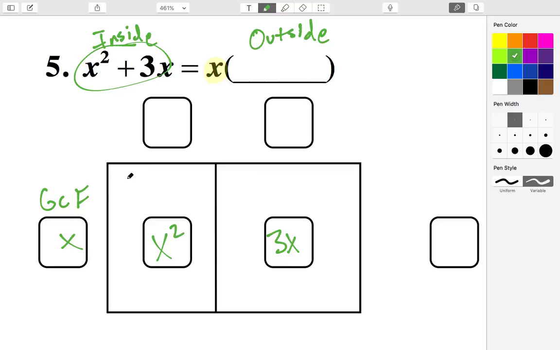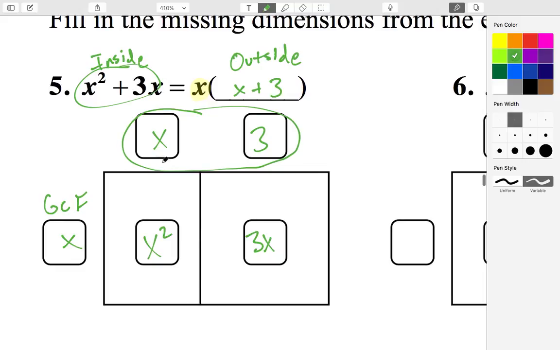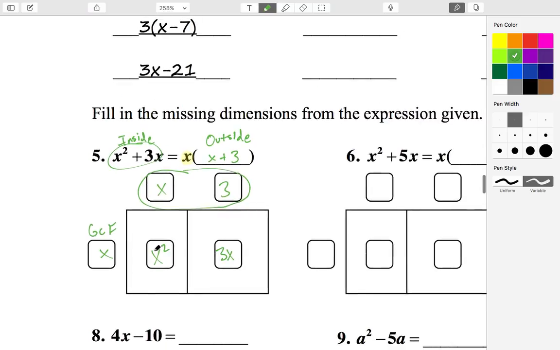X. X times what gives you 3x? 3. So this becomes x plus 3. And this is your outside, the other part. And you are done. So it's still the same thing. It's just a little bit more work. And you've already seen on other parts of the worksheet where we did x times x and got x squared. So it's not really new. It's just more things that you're doing at once.